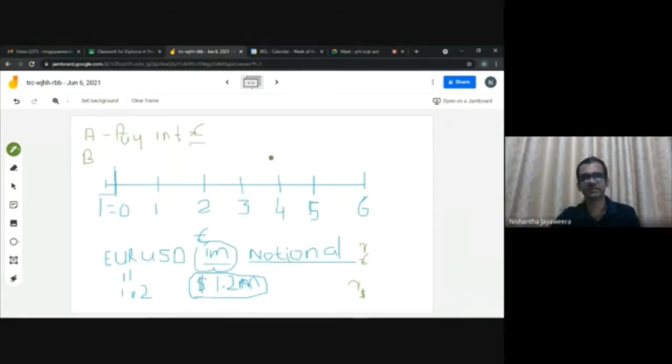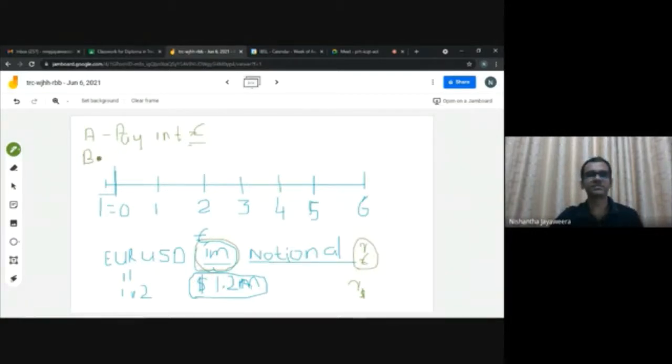Is it clear? Whenever one party pays interest in one currency, what does it mean? That party has borrowed in that currency. So even though party A is not going to borrow the principal amount or anything, that party is willing to pay the interest on this notional amount at this agreed rate.